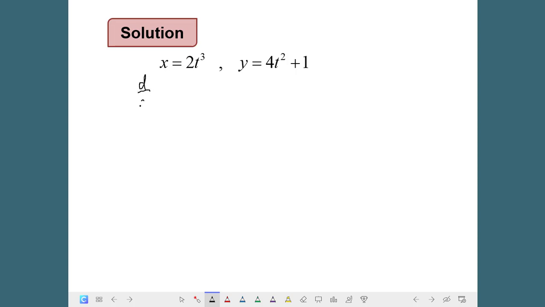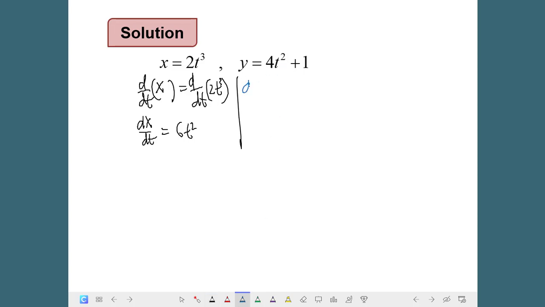Differentiate x with respect to t, that is differentiate 2t cubed with respect to t. Using the power rule, dx/dt is 6t squared. For y, differentiate with respect to t directly: dy/dt is equal to 8t. You can skip this step.